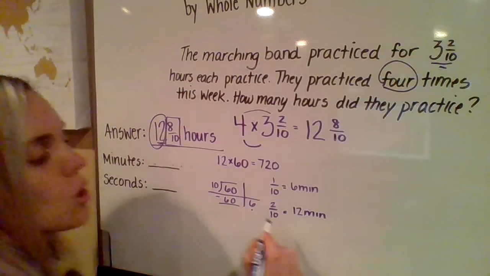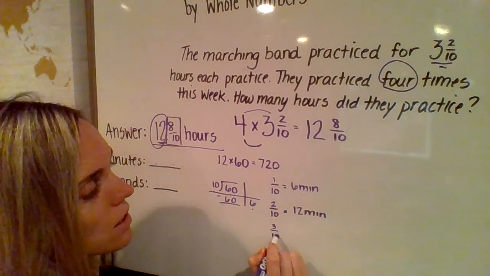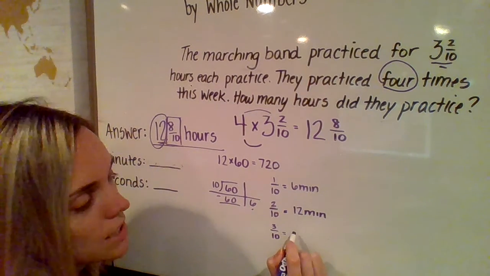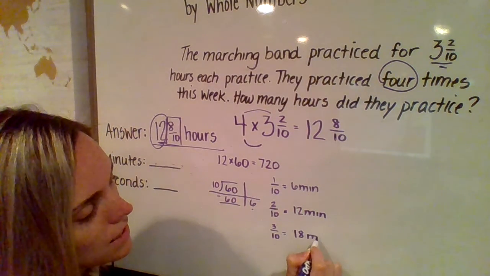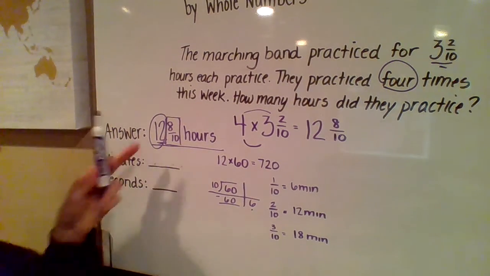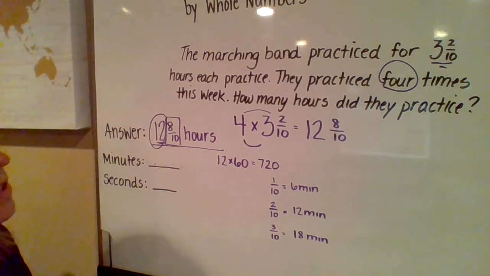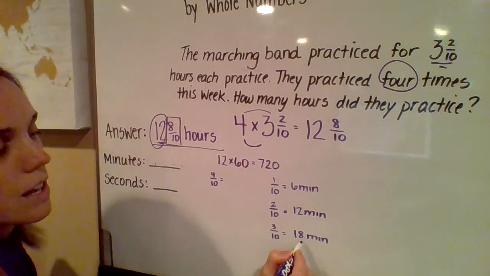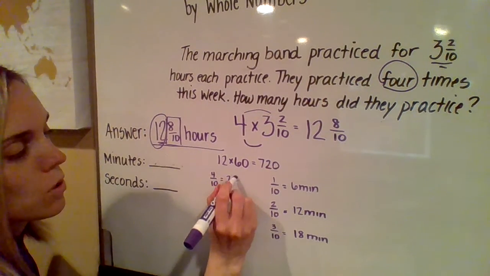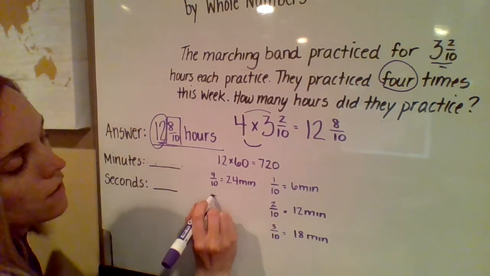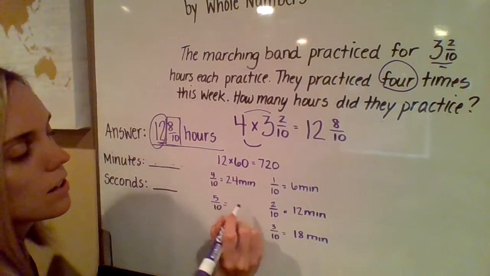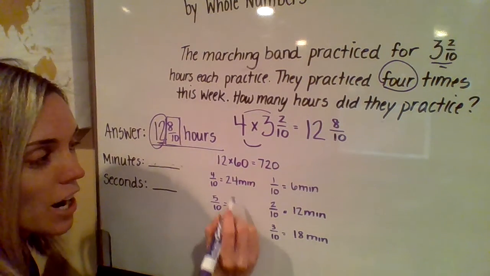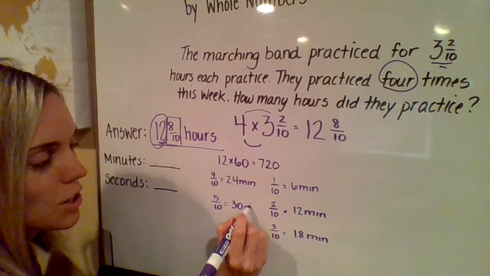Okay, I'm going to come down. Ready? 3/10 of an hour would be another 6. 12 plus 6 is 18. Okay, we have to get all the way up to 8/10. 4/10 of an hour would be another 6, 24 minutes. 5/10 of an hour, which is also half an hour, and 24 plus 6 is 30 minutes.